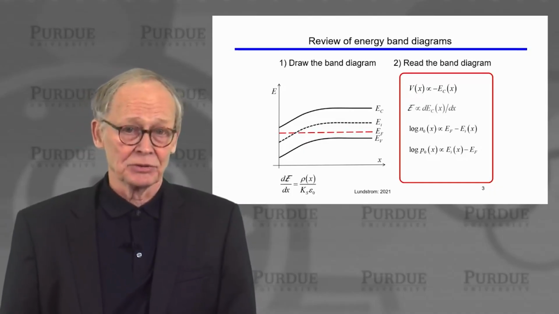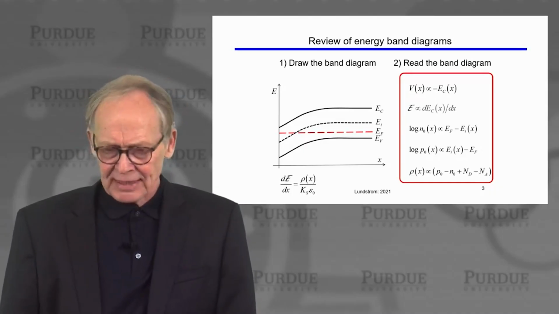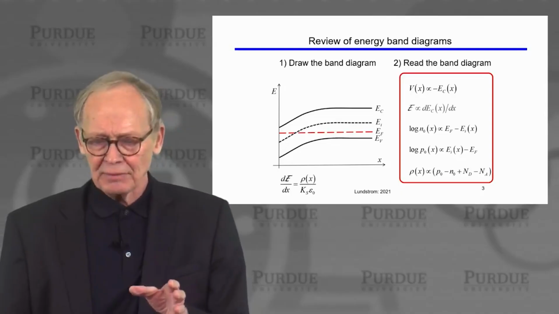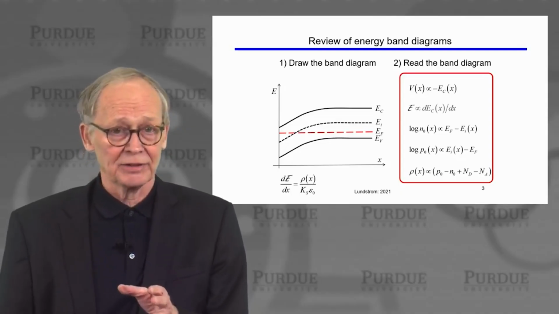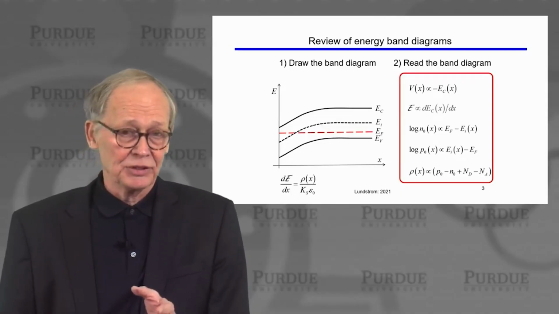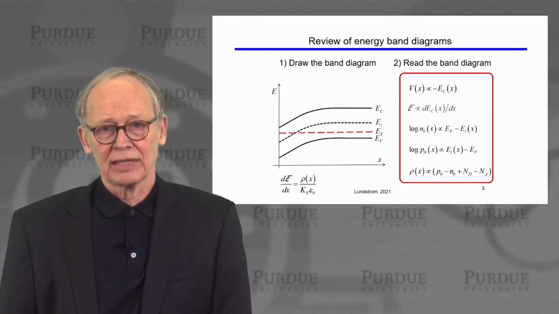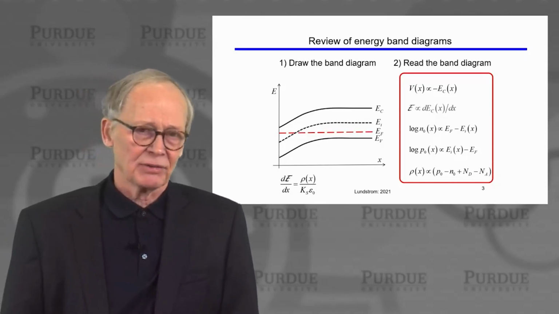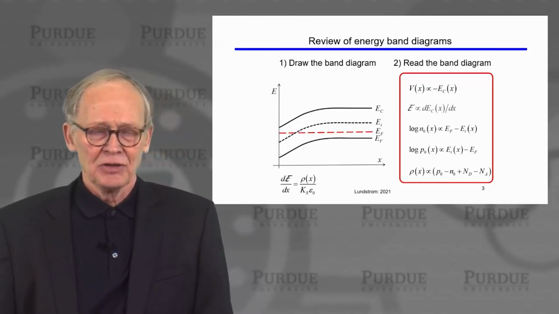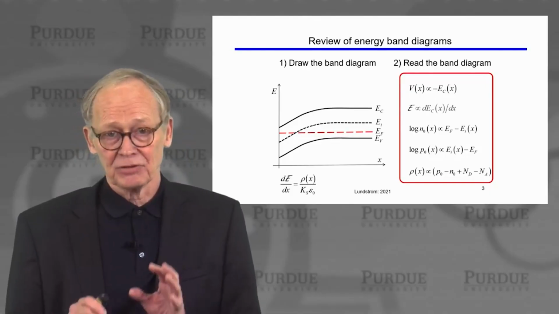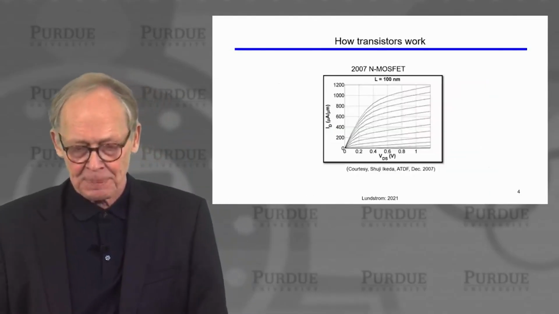That can be a little difficult to do if we're trying to sketch this, but we could also do it by just saying if we know how this semiconductor is doped and we've deduced what the hole and electron concentrations are, then we can figure out what the space charge density is. So we get a lot of information from an energy band diagram.